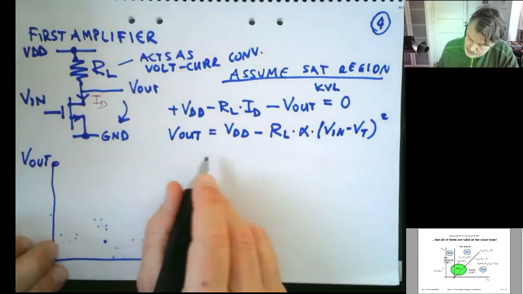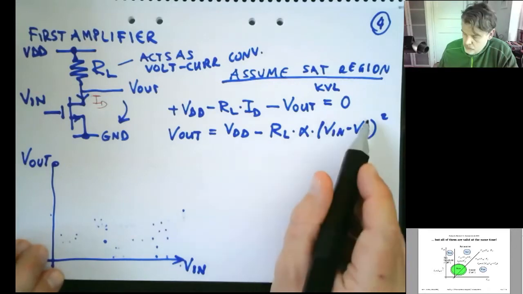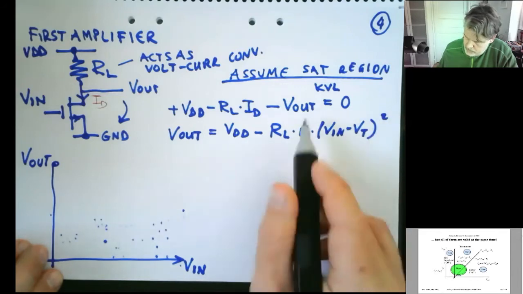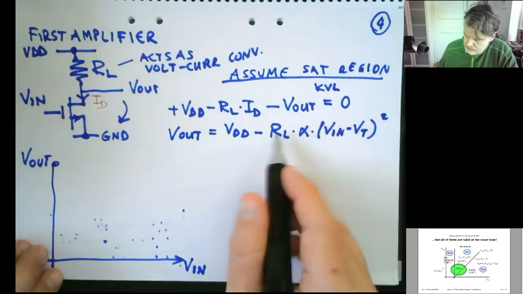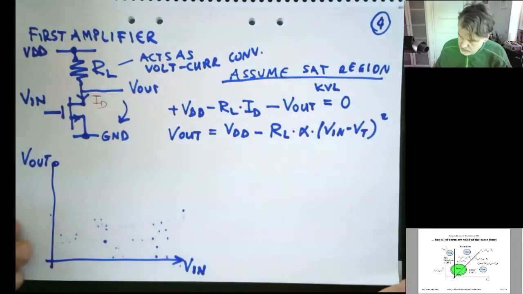So V out, we can write this way, and we typically have some sort of square law operation here. There's no point in spelling this out further. We could obviously expand the parentheses here, and so on.